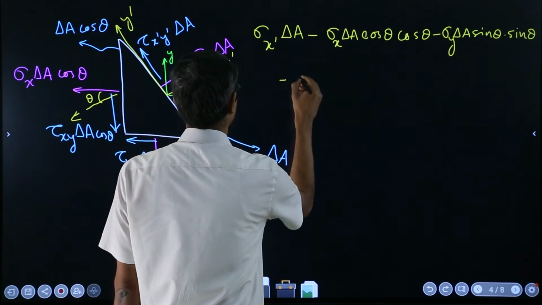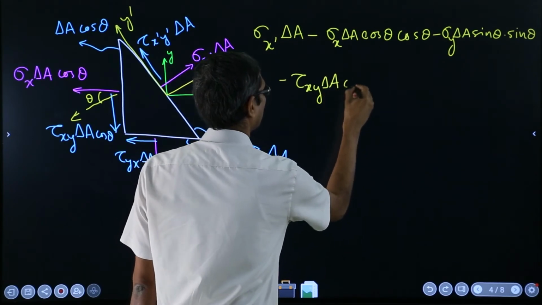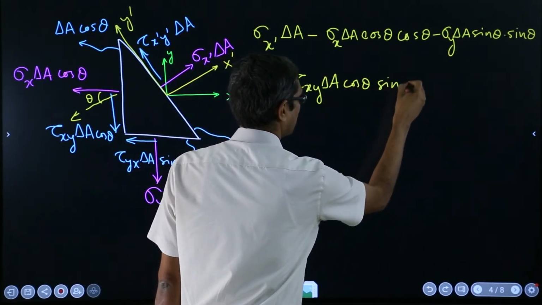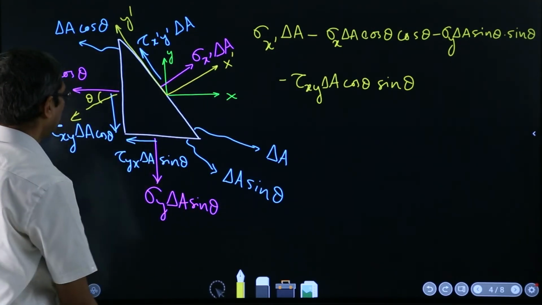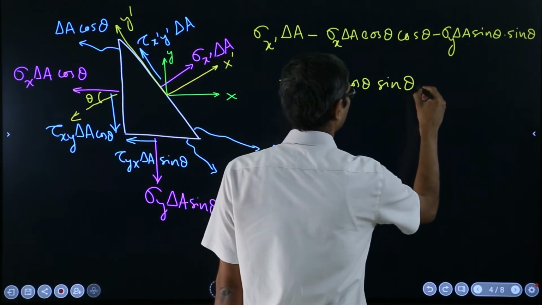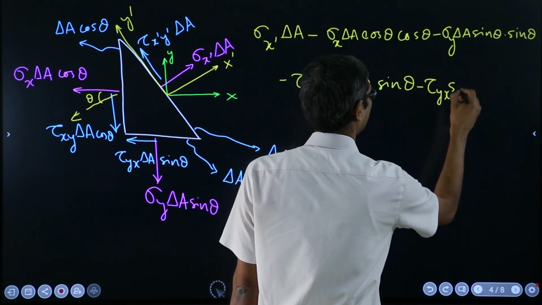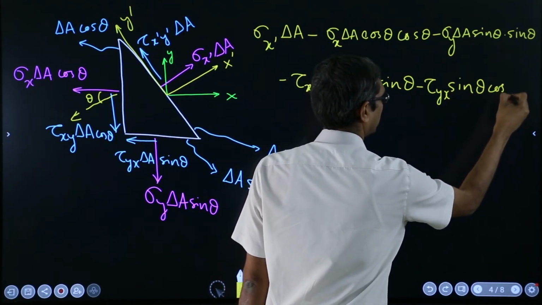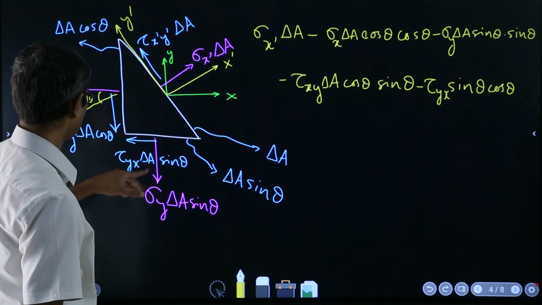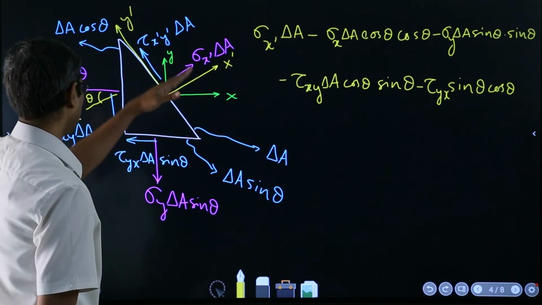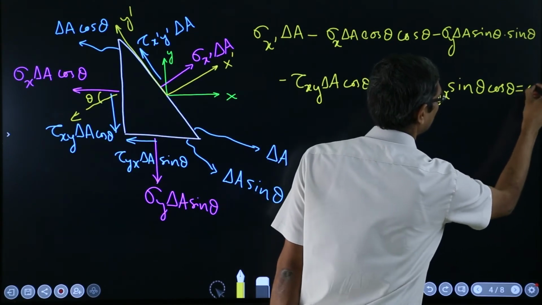So, minus tau xy delta A cosine theta sine theta. Similarly, here it is cosine theta. So, minus tau yx sine theta and cosine theta. So, these are done, all four. All are done in the x prime direction, so this has to be 0.